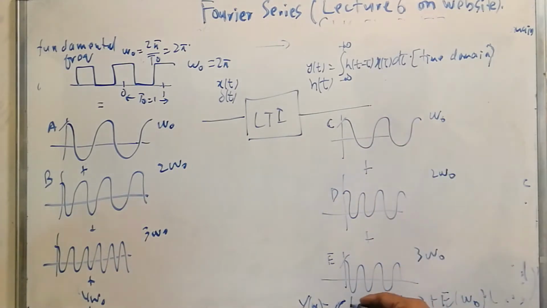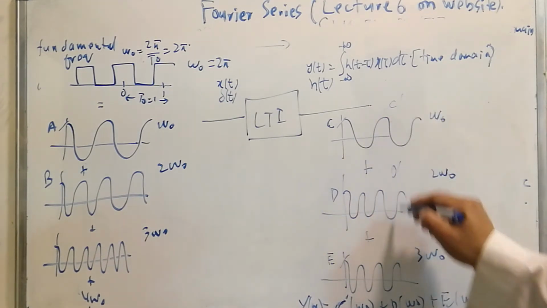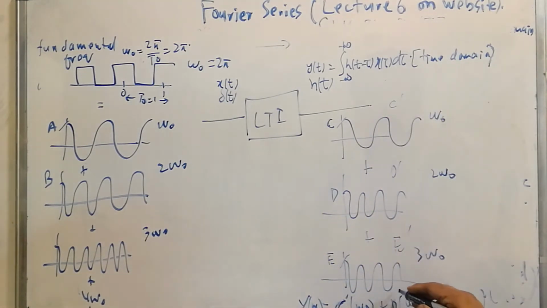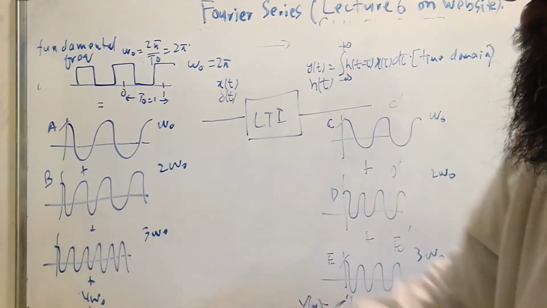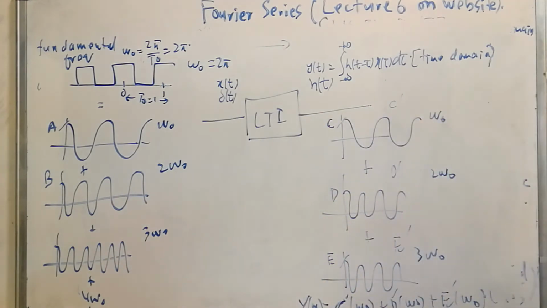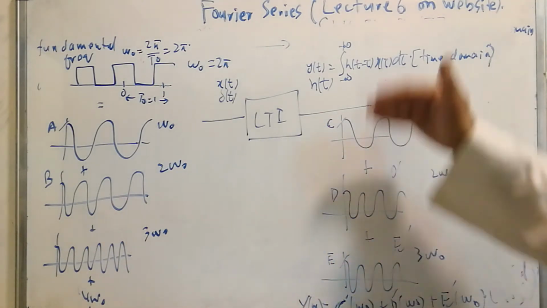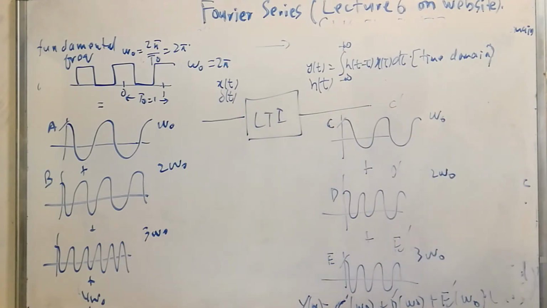This is the amplitude, and I just call the functions c dash, d dash, and e dash. It's a way to find the output. So if we can split the input into the harmonics, it will be easier to find the output by adding the output corresponding to each harmonic. This is one of the advantages of Fourier series.